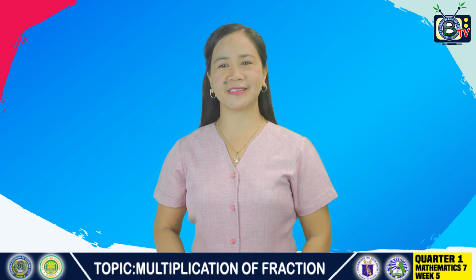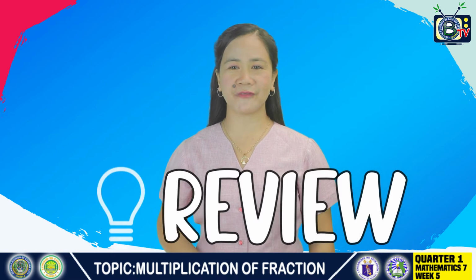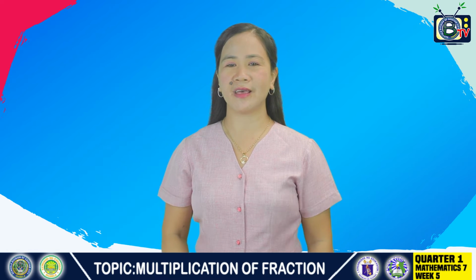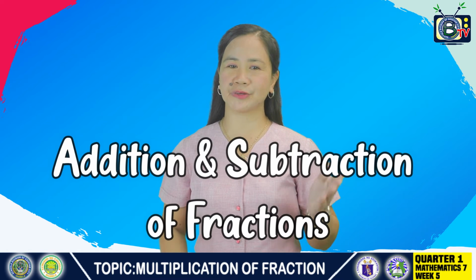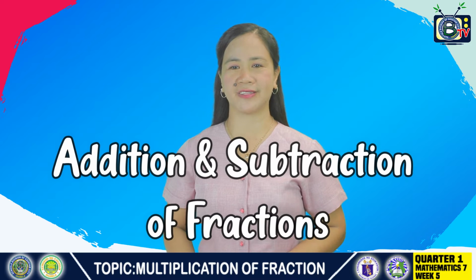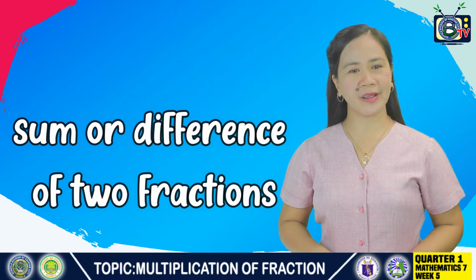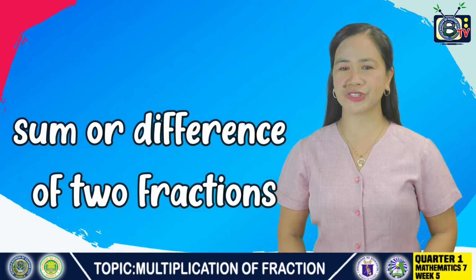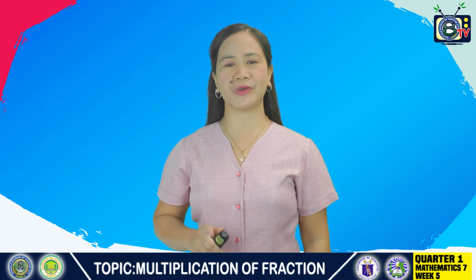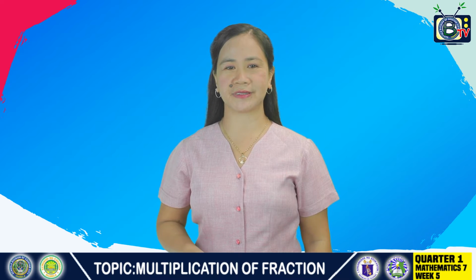Before we start the lesson, let's have a short review of our past lesson regarding addition and subtraction of fractions. How to find the sum or difference of two fractions? Of course, we need to follow the rules.